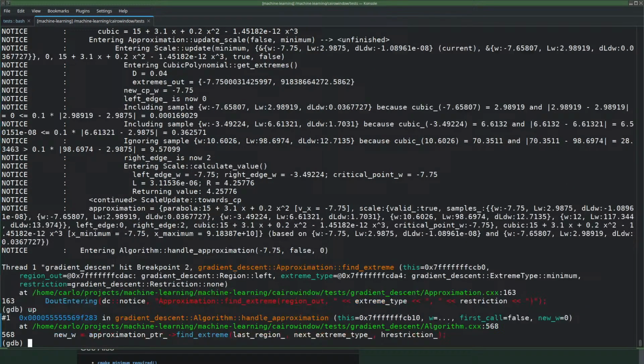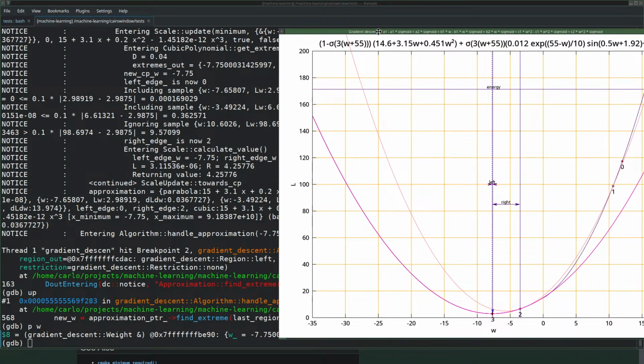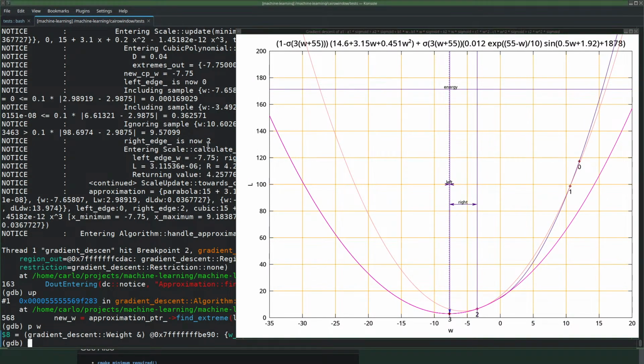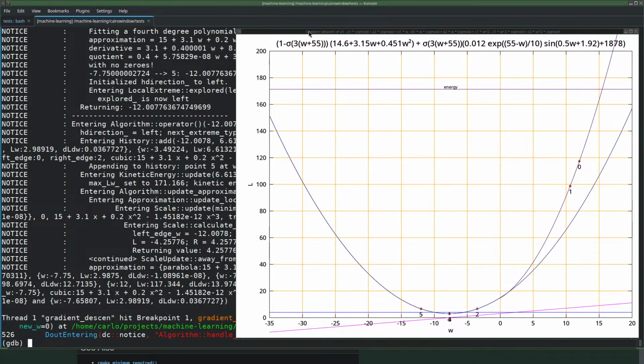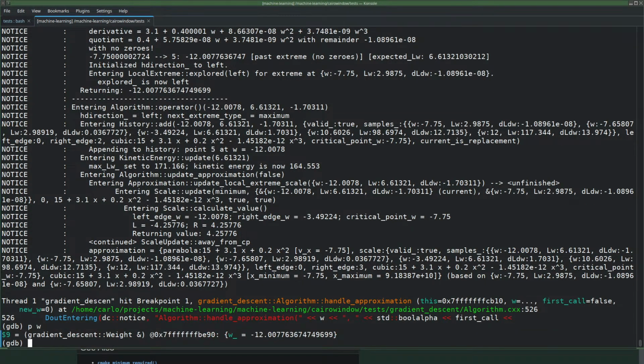Going to do up and then print W. That is the critical point. Yeah, probably one more. Handle approximation with minus 12. You've got to be kidding me, right?